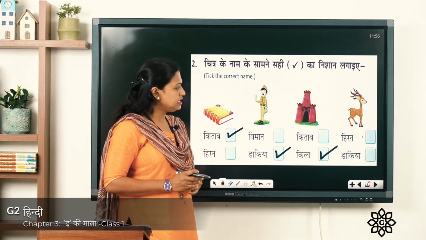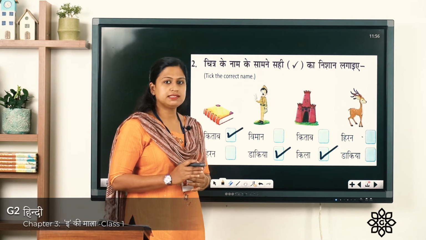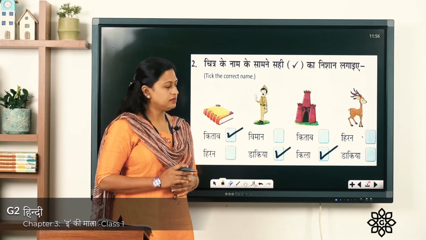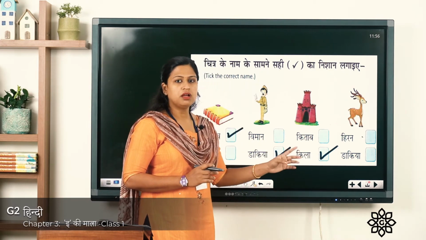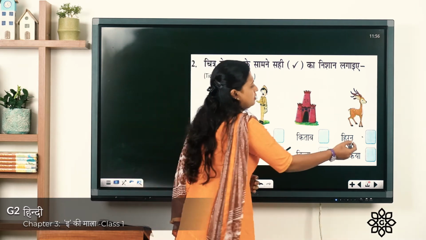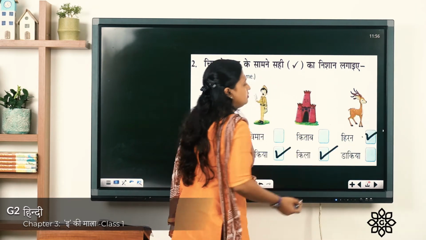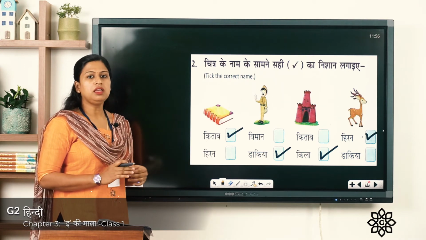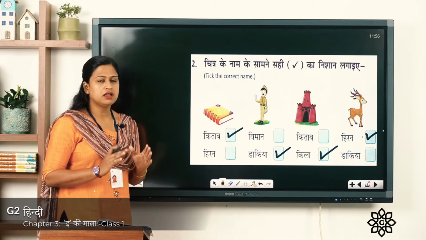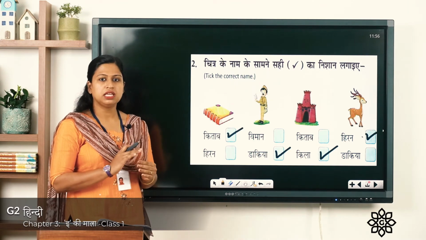Yes, it's deer. In Hindi, we say hiran. The second word is dakiya. So, you have to mark the correct one. Hiran. So, here we are using E symbol with the Vyanjan letters. It has short sound ki, kitab.